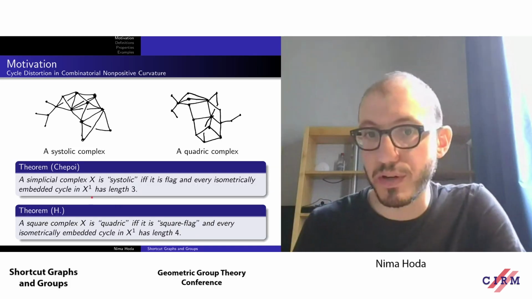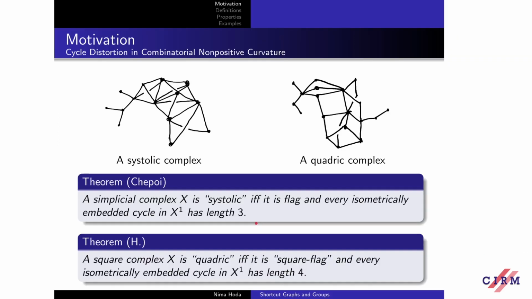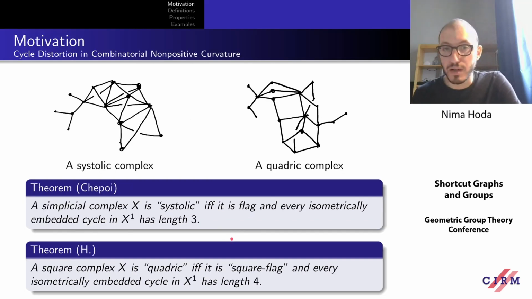The first is the theorem of Victor Chepoi. It says that a simplicial complex X is systolic if and only if it is flag, and every isometrically embedded cycle in its one-skeleton has length 3. The one-skeleton is a simple graph.